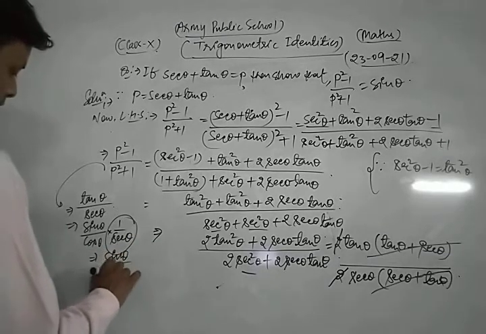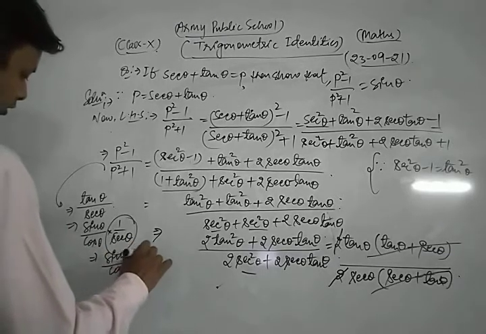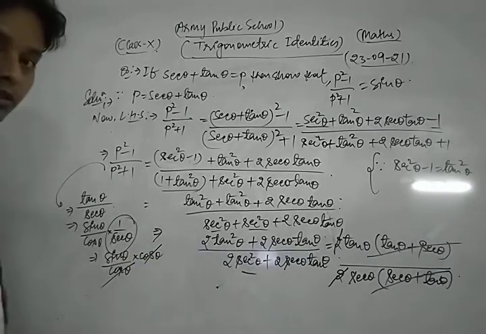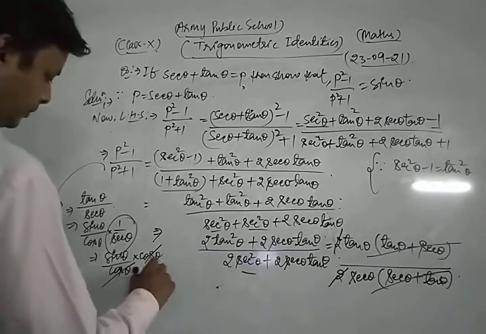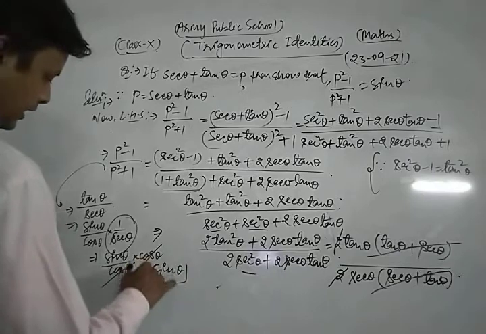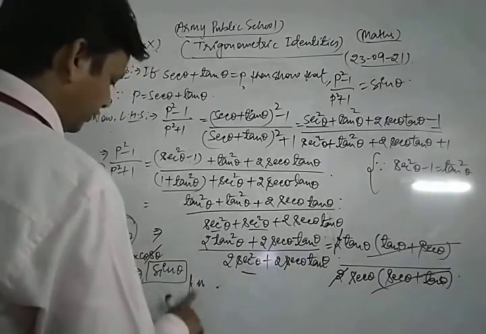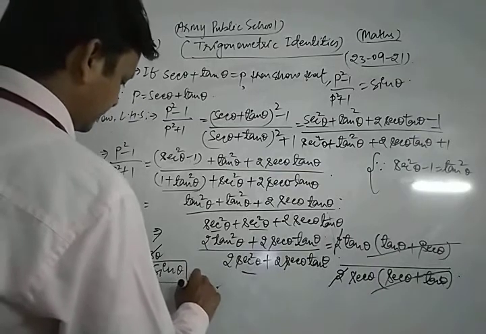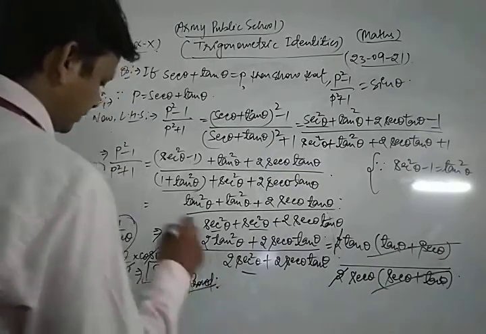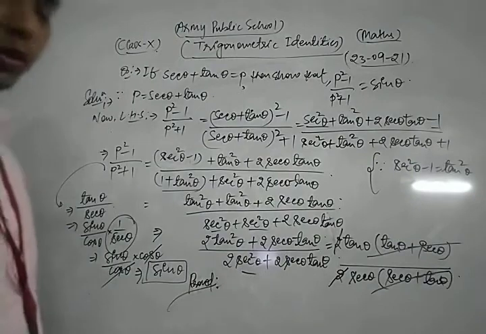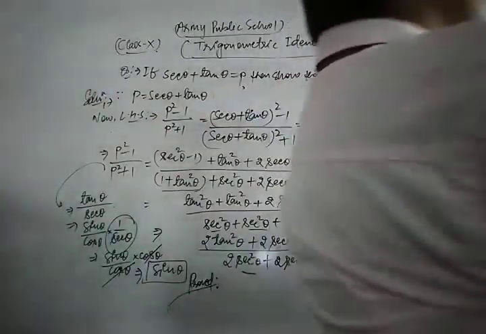So sin theta upon cos theta into cos theta, the cos cancel each other, so we get sin theta. Hence this is the required proof. Hence proved the given question.